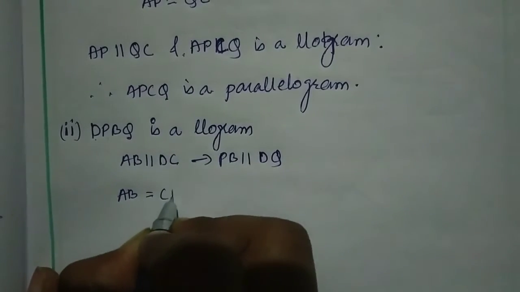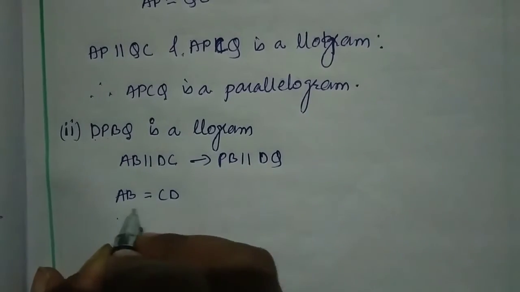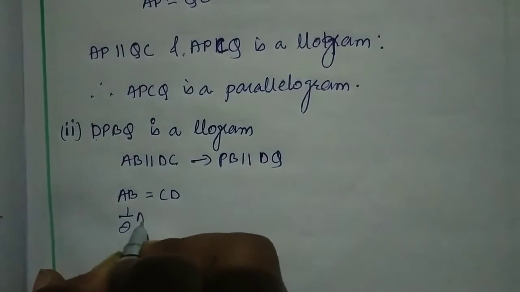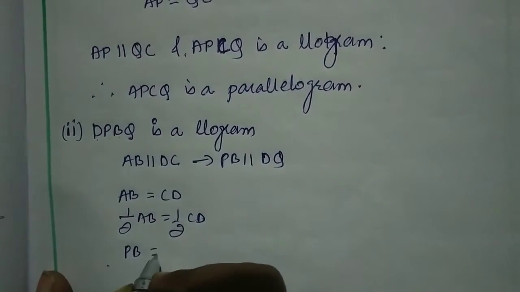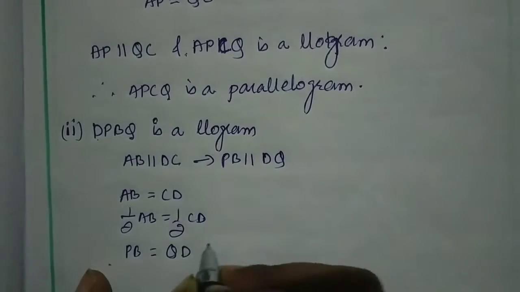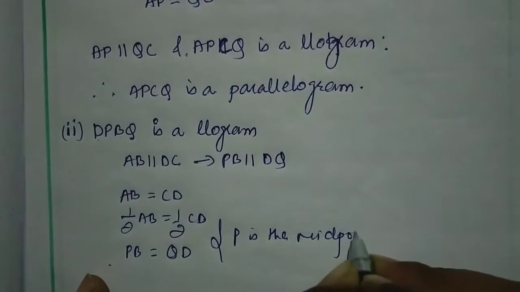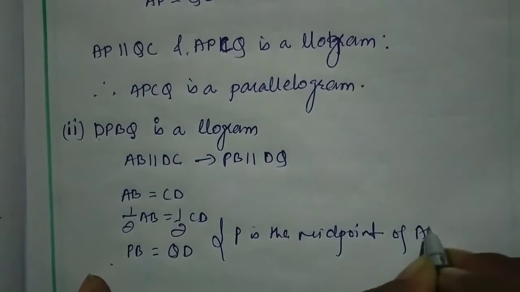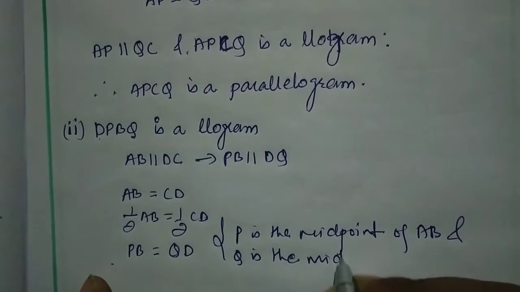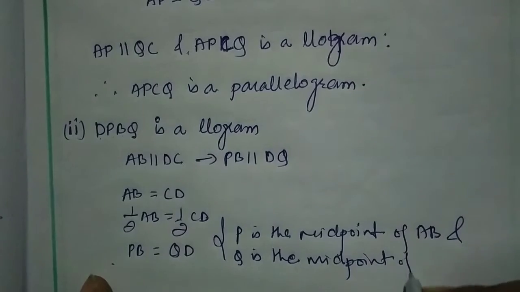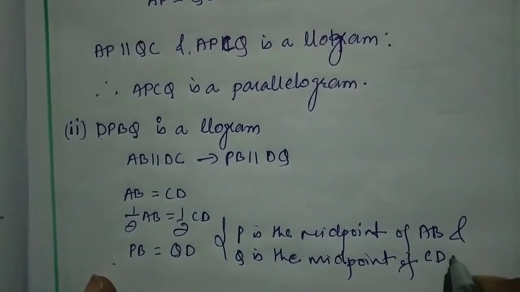AB equals CD, opposite sides of the parallelogram. AB is half and half of CD, so we get PB equals QD. P is the midpoint of AB and Q is the midpoint of DC.